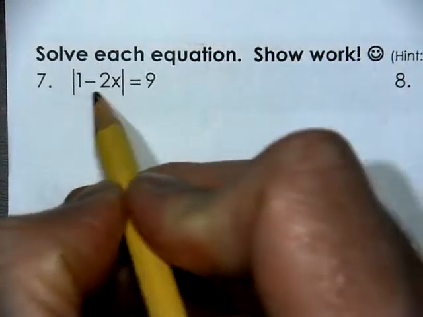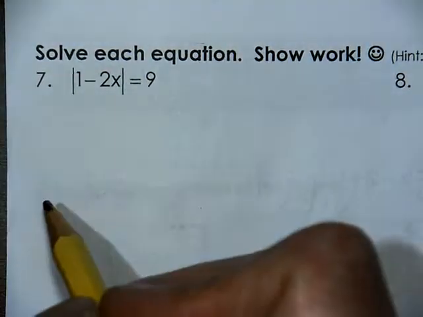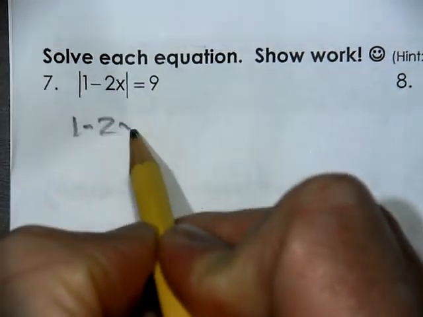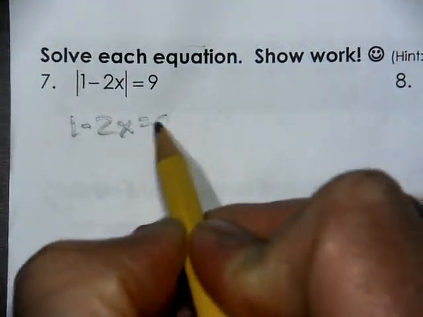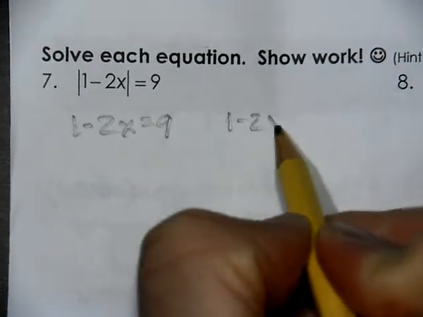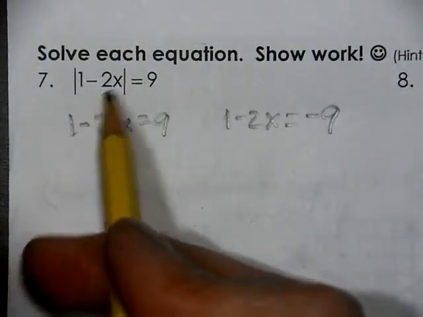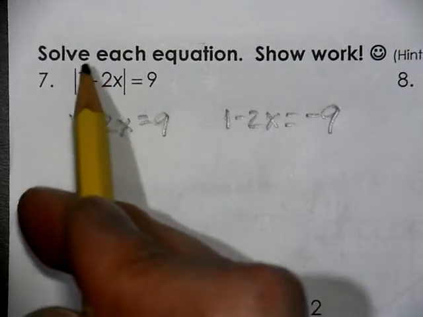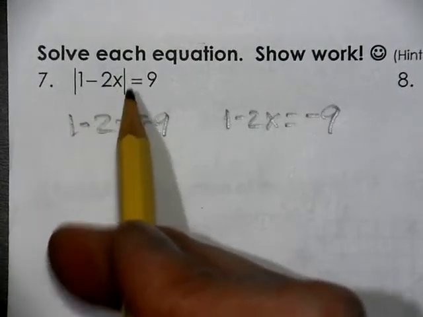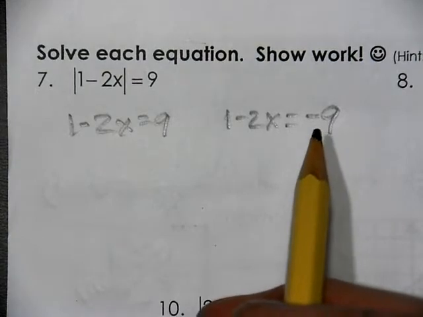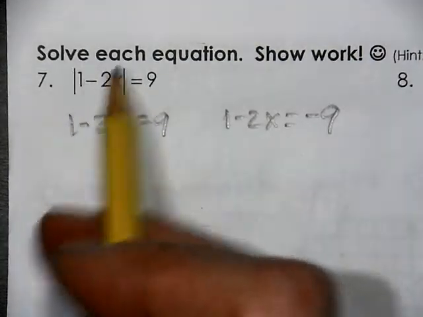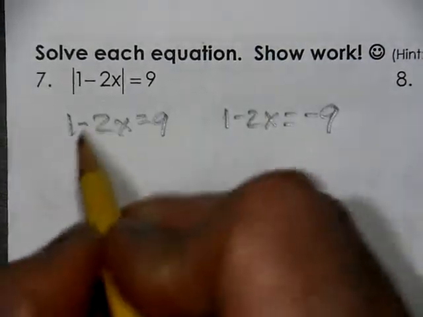So we have that, and it equals a positive, which is a requirement. So 1 minus 2x equals 9, and 1 minus 2x equals negative 9. What's inside the absolute value could have been a positive. What's inside the absolute value could have been a negative. So two different ways, and the absolute value made it look positive.